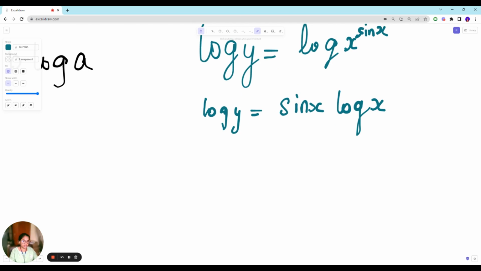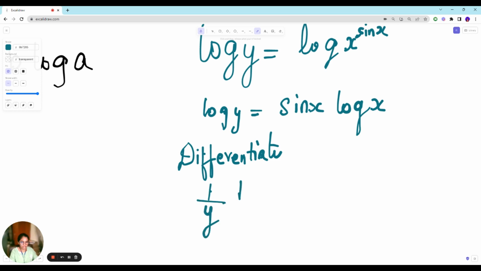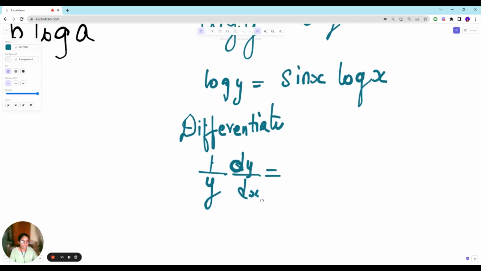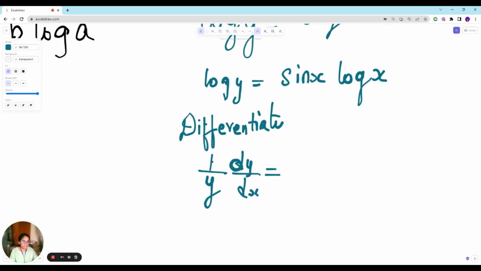After this what will we do? We'll differentiate. On differentiating what would we get? We'll get differentiation of log y, that is 1 divided by y dy by dx. Y is a function of x, that is why when we differentiate we would have to write dy by dx.